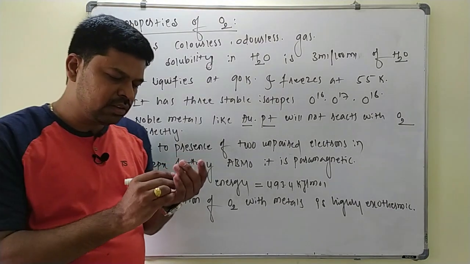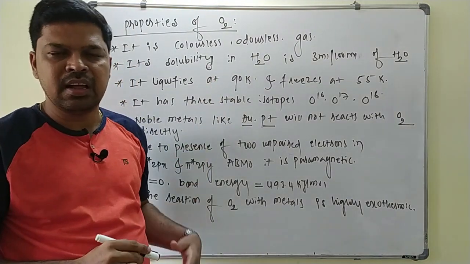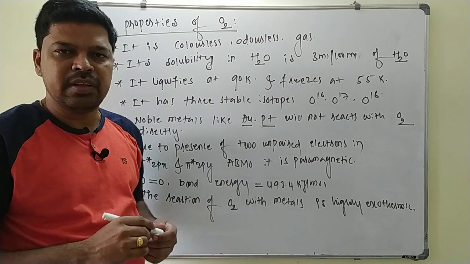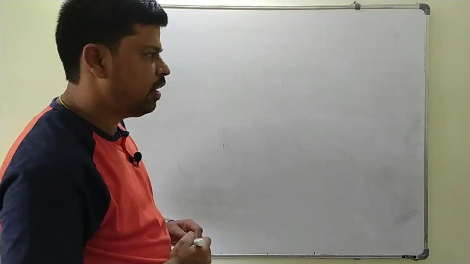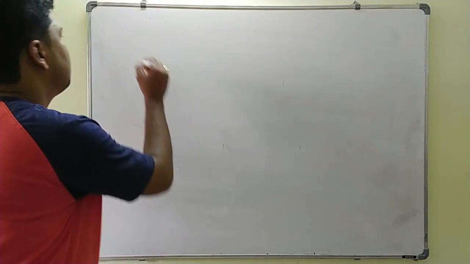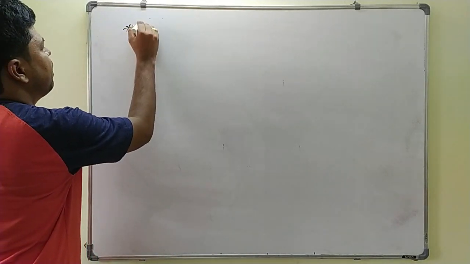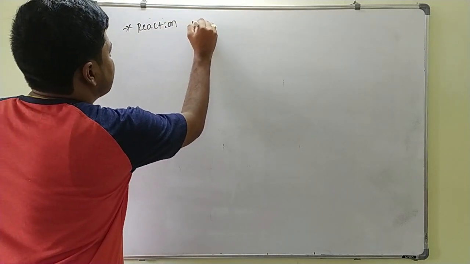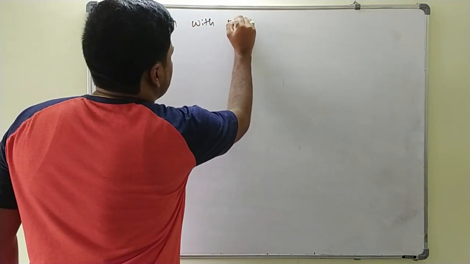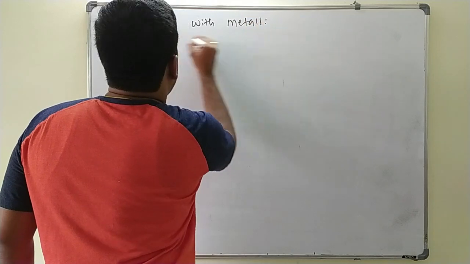Now we will write the reactions of this oxygen with the metals and some of the non-metals and with some compounds also. Okay, now we will write the reaction of dioxygen with the metals and non-metals. First one we will write reaction with metals.